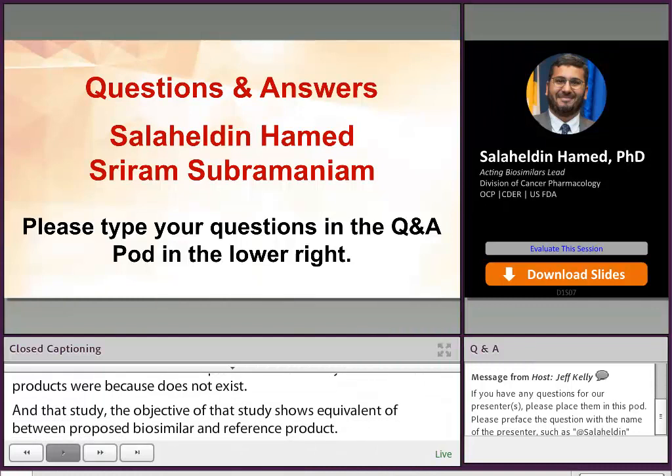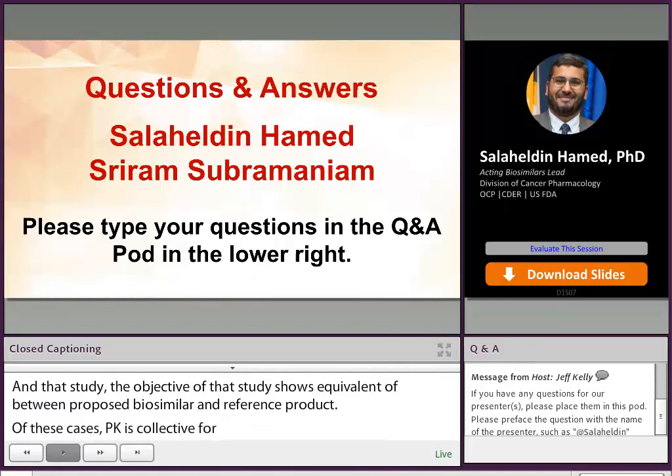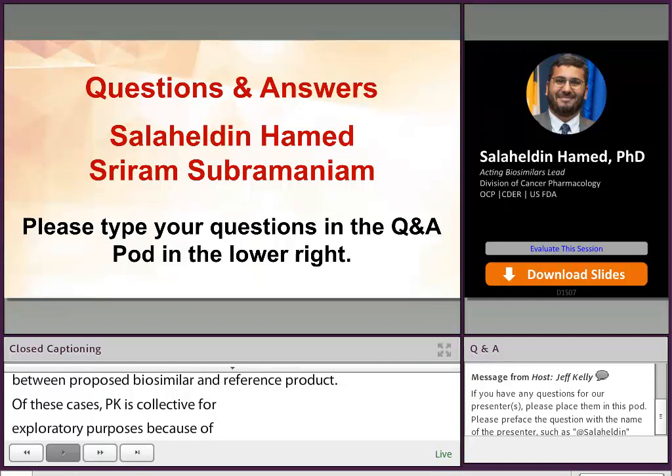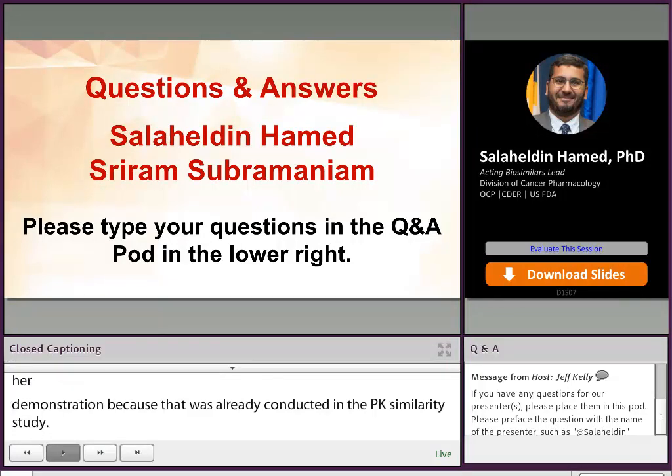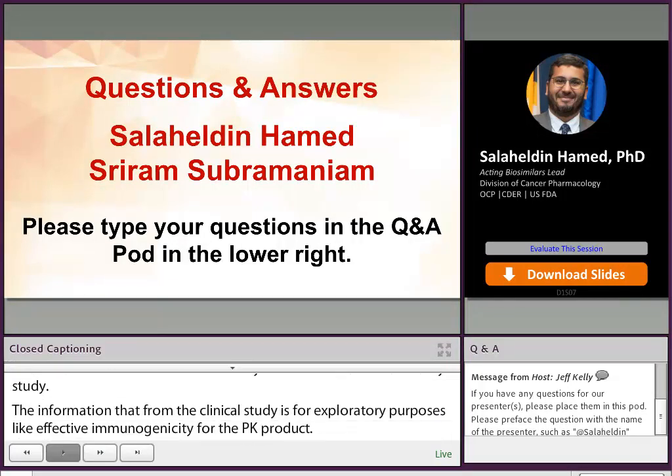It's not for a demonstration of biosimilarity because that was already conducted in the PK similarity study. But the information that comes from the clinical study is used for exploratory purposes, like the effect of immunogenicity on the PK of the product, and some other quality issues that might affect the PK of the product. So we use the PK information from the comparative clinical study to make these assessments for exploratory purposes only.